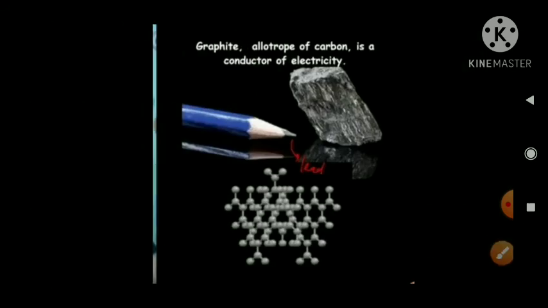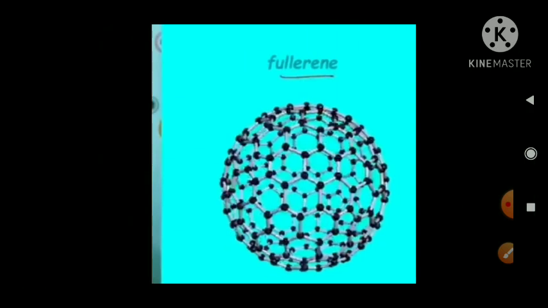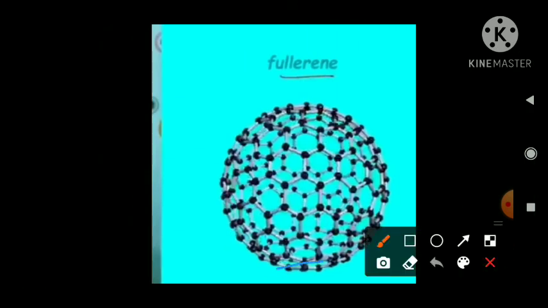It is a non-metal but conducts electricity, so we can use it in wires, in pencils, etc. Now the other is fullerene. It is a ring structure of carbon. The black dots are all carbon, and when they come in a pentagon and hexagon structure in a ring, you can say it is an allotrope of carbon, that is fullerene.